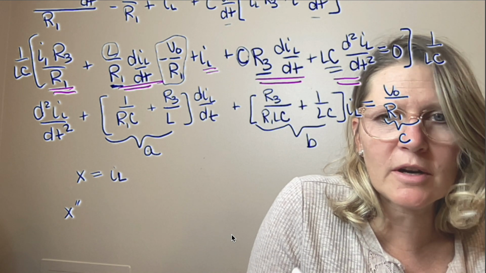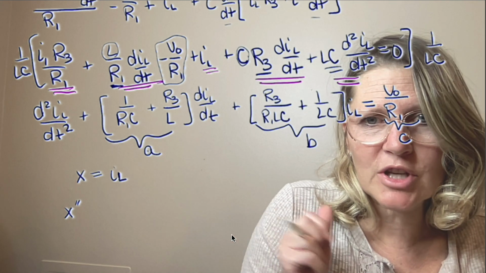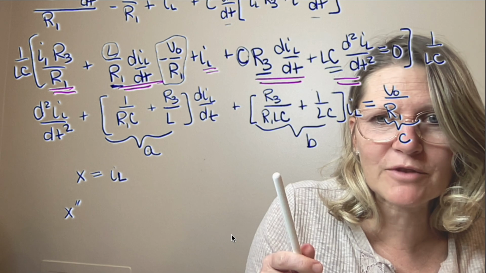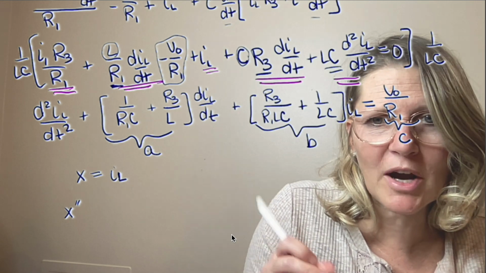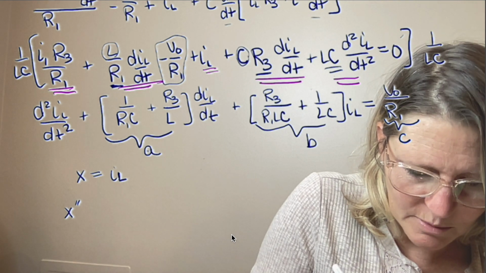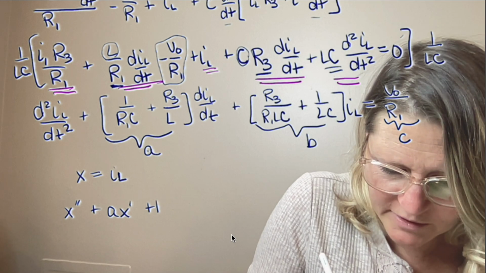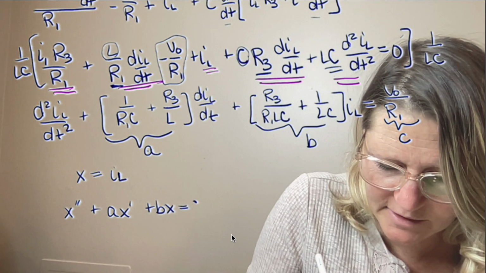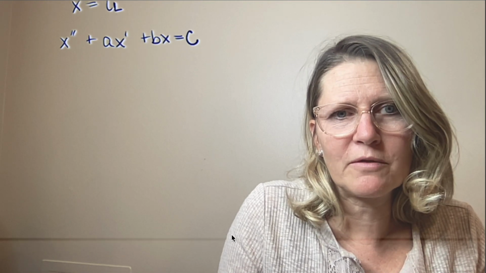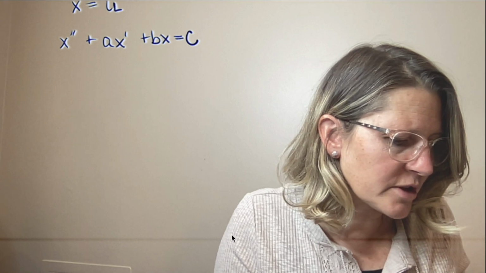If you remember, or if you haven't seen it yet, in math a differentiation is just a prime. So X prime would be the first differentiation, and X double prime is the second differential. And so this would be X double prime plus AX prime plus BX is equal to C. This is the form that you've seen more from the math classes. So this is a second order differential equation.